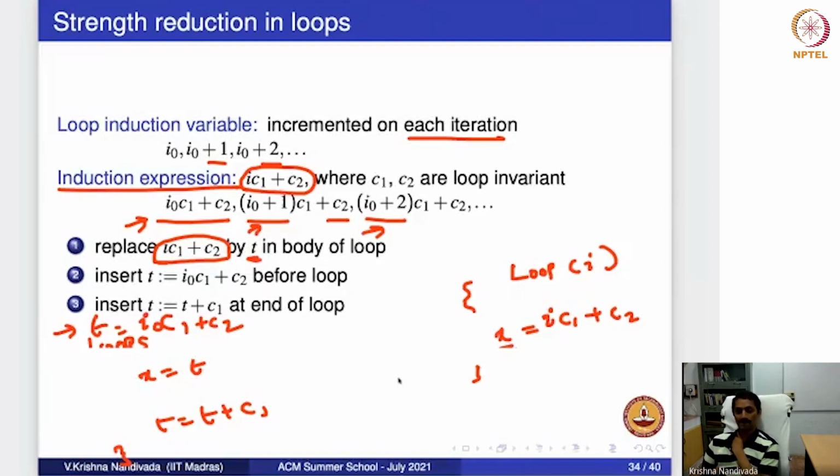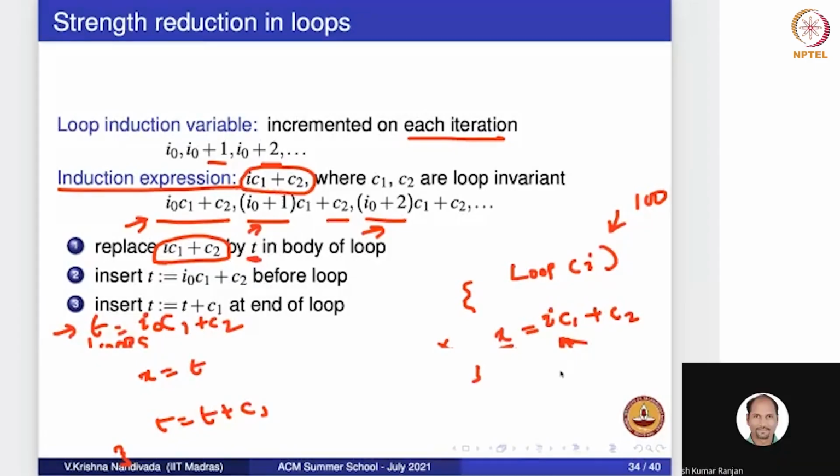What did I gain from this? Can someone point it out to me? Between this code, let us say this loop goes over 100 iterations. How many multiplications do I have? 100 multiplications and 100 additions. Very good.